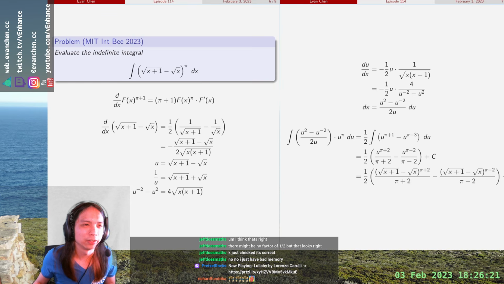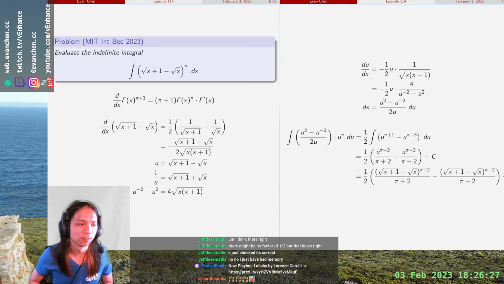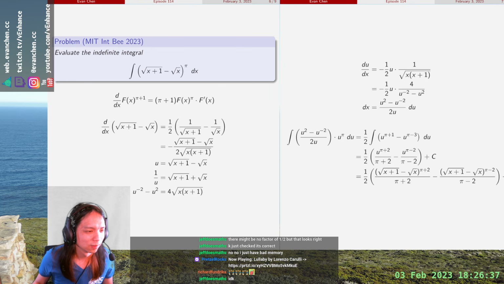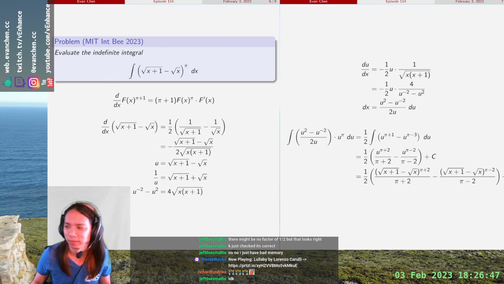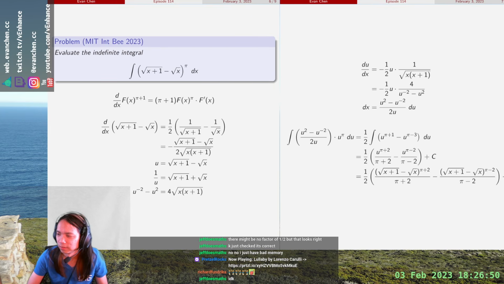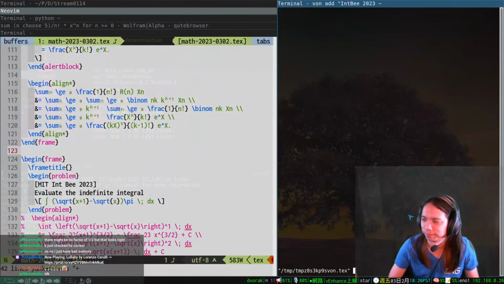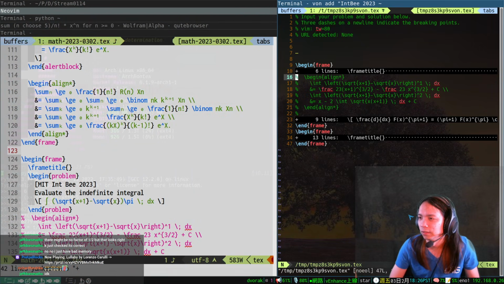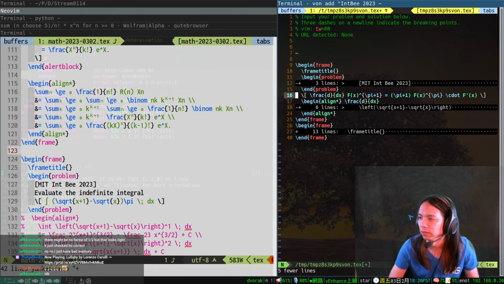Are there problem numbers for the integration bee that I can go off of? Oh, they are. Okay, beautiful. This is INT Bee 2020 semi 7. All right. So we don't need any of this. I don't need that, I don't need this.